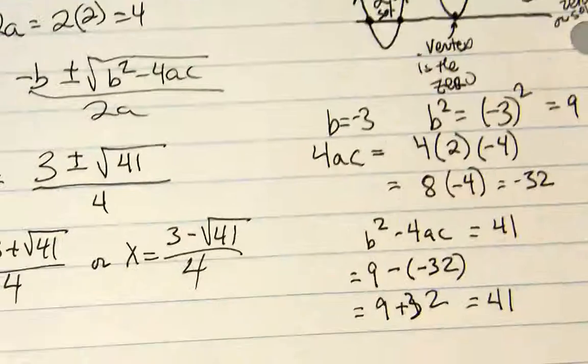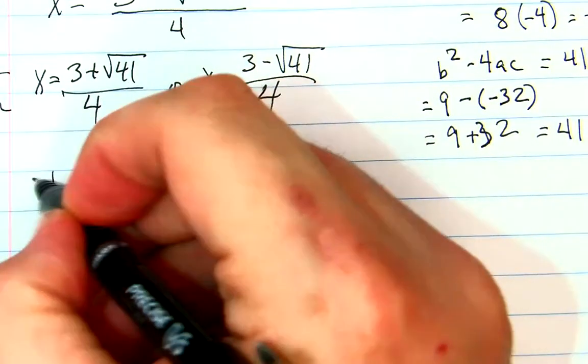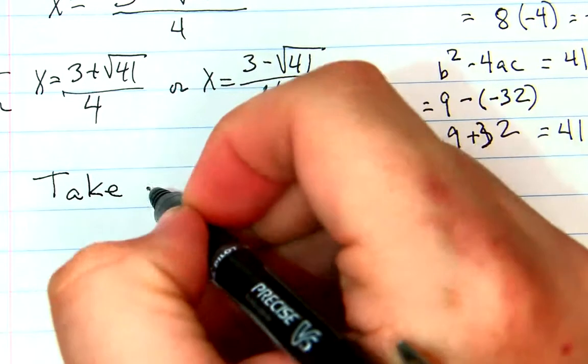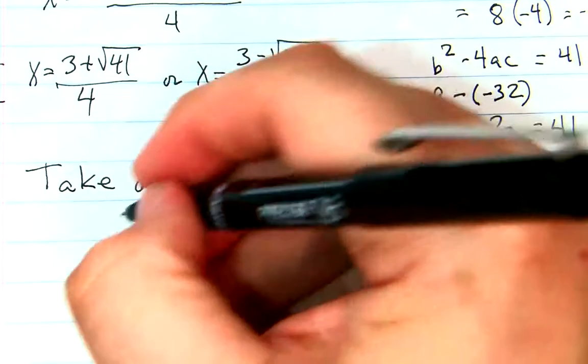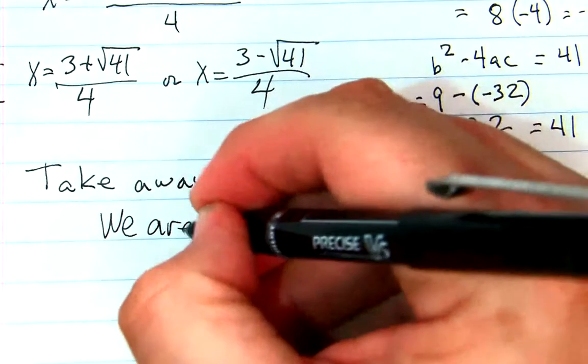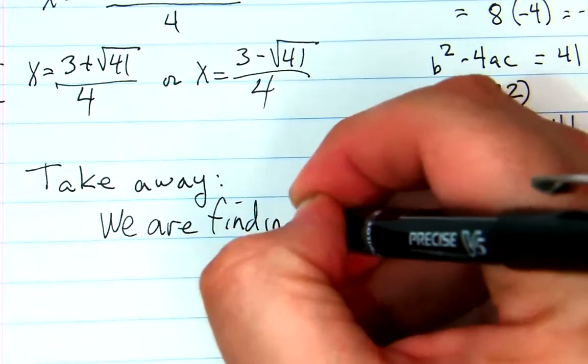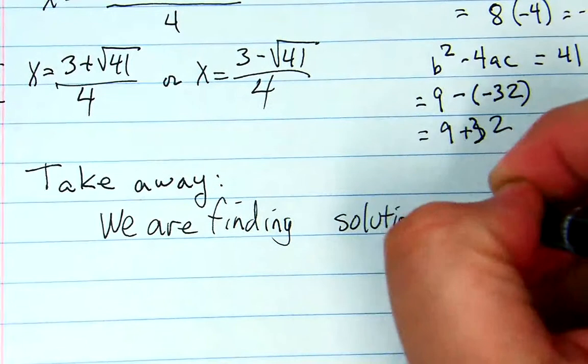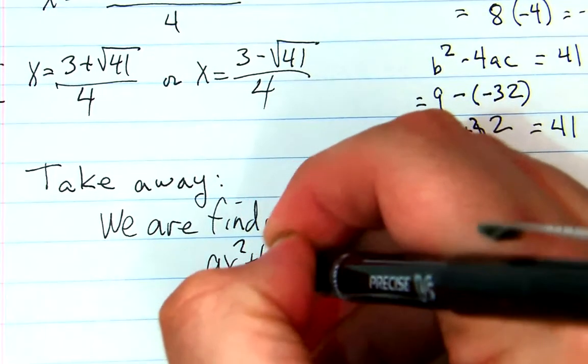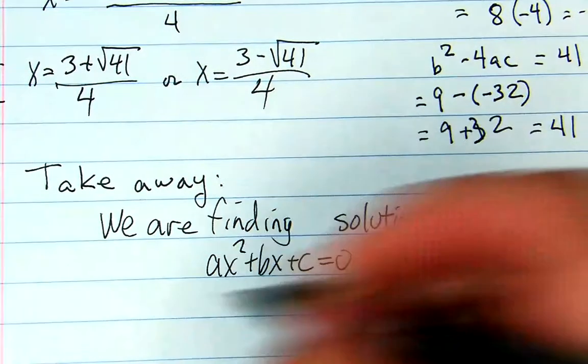But here's the big thing. What's the takeaway? What do you need? Why do we do it? So our big takeaway is this. We are finding solutions to ax squared plus bx plus c equals 0.